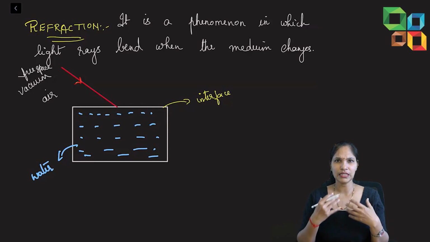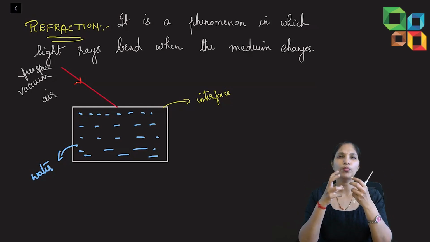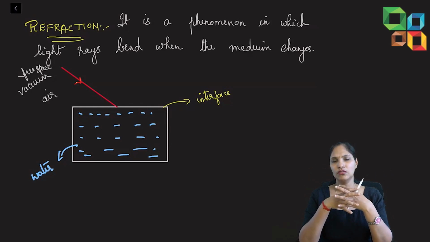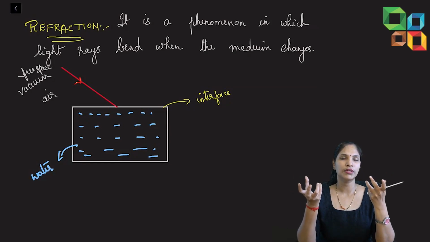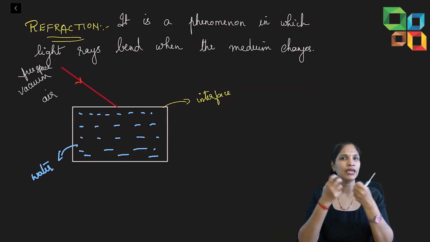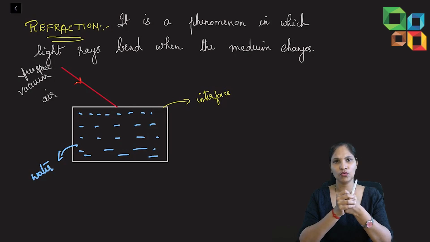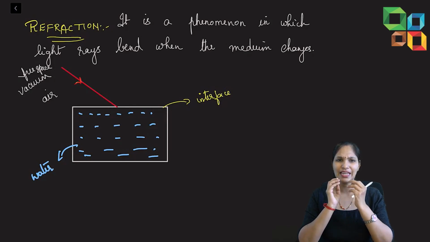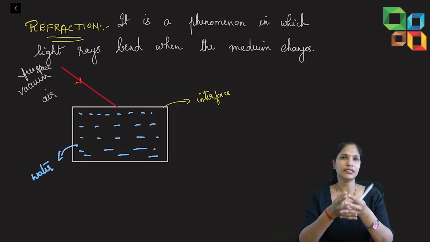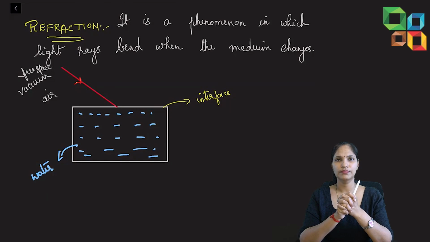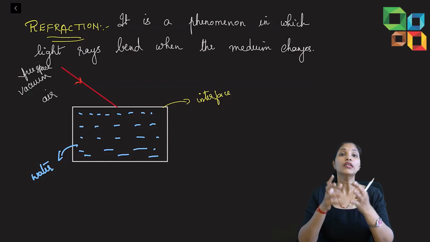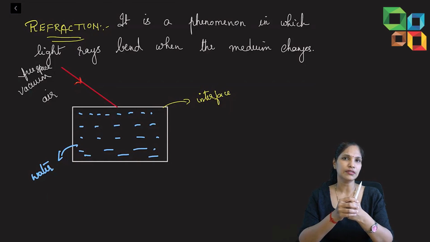But when you think about water medium, water molecules are closely packed, not as close as glass, but compared to air molecules, they are closely packed. So light will find it a little difficult to move in that. So obviously it will slow down. So its speed changes. Because the speed changes, the bending happens.